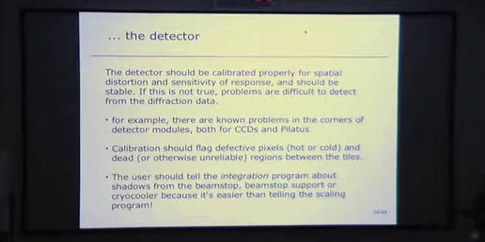And Pilatus has got an 8% dead area because of the gaps between the tiles. That's a shortcoming that people manage to get around, but it's still not desirable. I said that to begin with, that you should tell the integration program about obstructions, because the scaling programs can no longer do that.